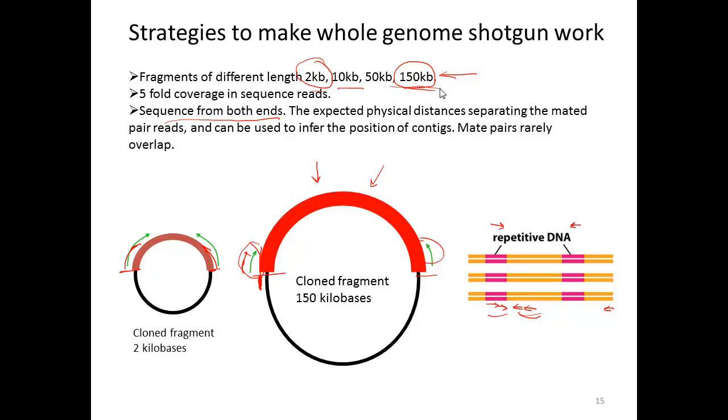So by having this distribution of different sizes, you could, with high enough reliability, get one end. If it was caught in the repetitive region, the other end would be in a non-repetitive region, and from that you could deduce the relative locations in the repetitive DNA section and get an idea of how big these repetitive sequences are.